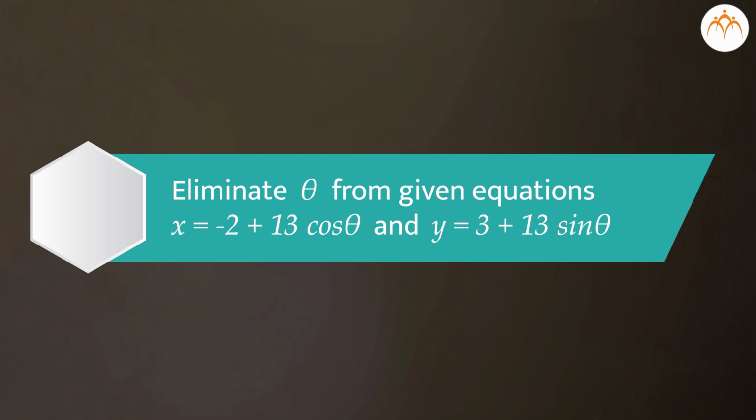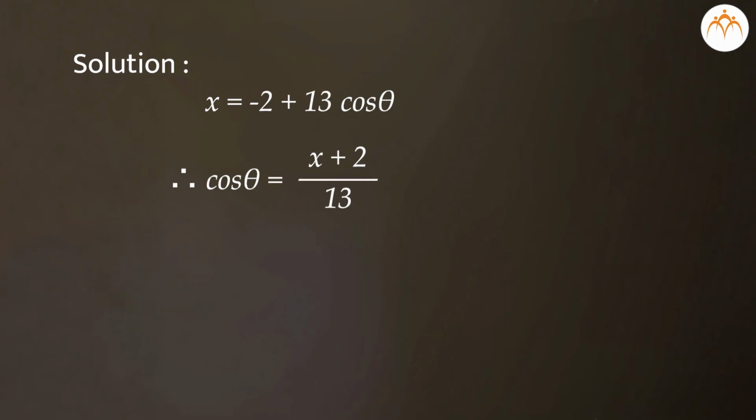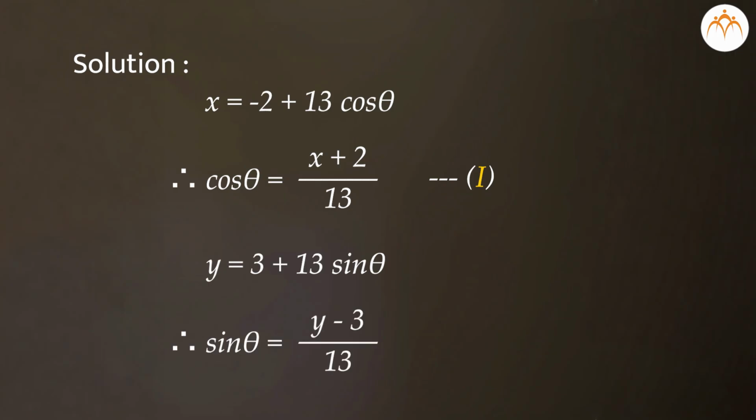Now, eliminate theta from the given equations. x is equal to minus 2 plus 13 cos theta and y is equal to 3 plus 13 sin theta. Solution: x is equal to minus 2 plus 13 cos theta. Therefore, cos theta is equal to x plus 2 upon 13, equation 1. y is equal to 3 plus 13 sin theta. Therefore, sin theta is equal to y minus 3 upon 13, equation 2.